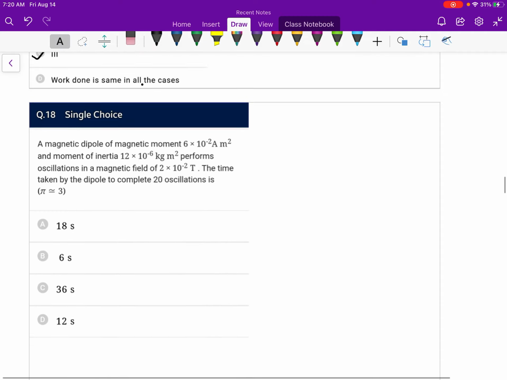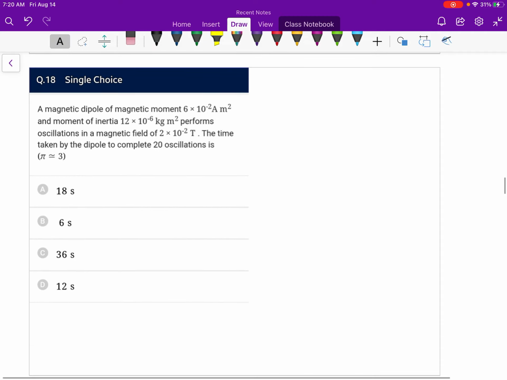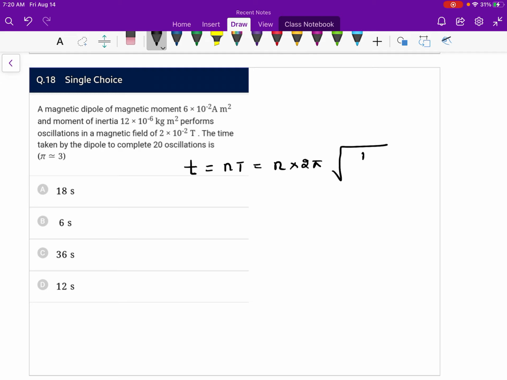It's a straightforward question. A magnetic dipole is this, moment of inertia is this, performs oscillation, the time period. So time taken will be n times capital T, which is n times 2 pi under root I by MB.